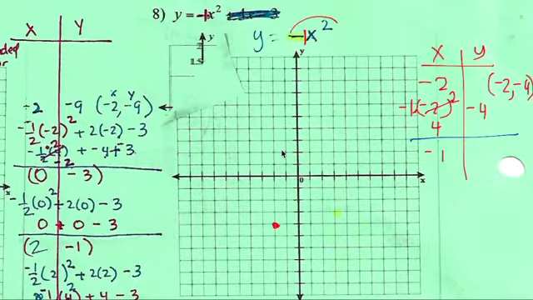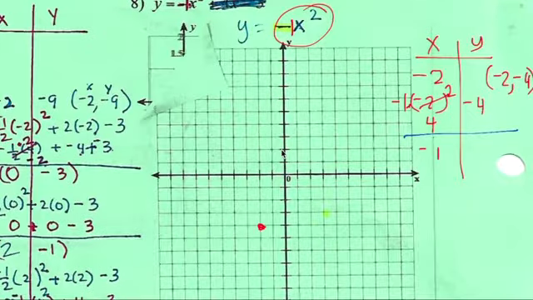So -1 times, this is -1, times x squared, -1 squared. This is one whole right there, times that -1. Your answer is -1. So -1, -1 right there.